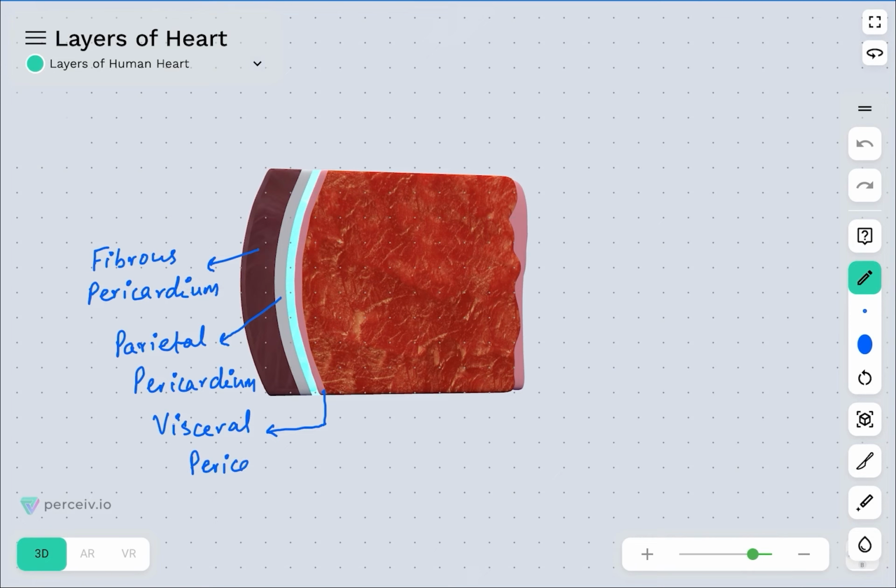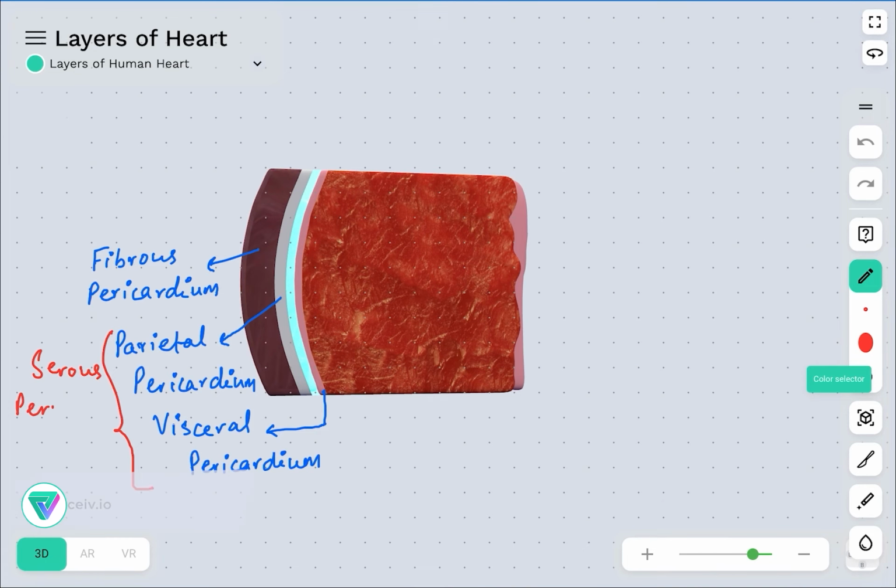Now, these two layers come under serous pericardium.